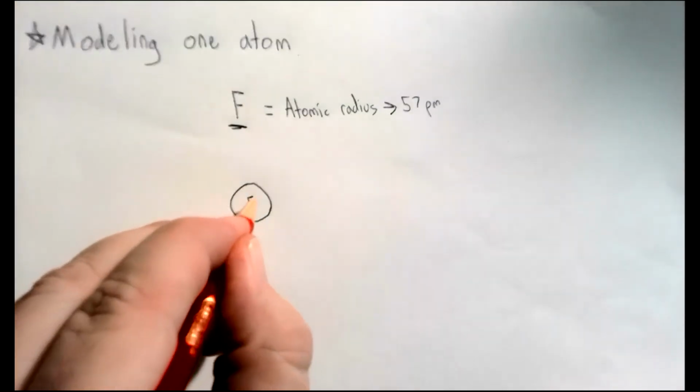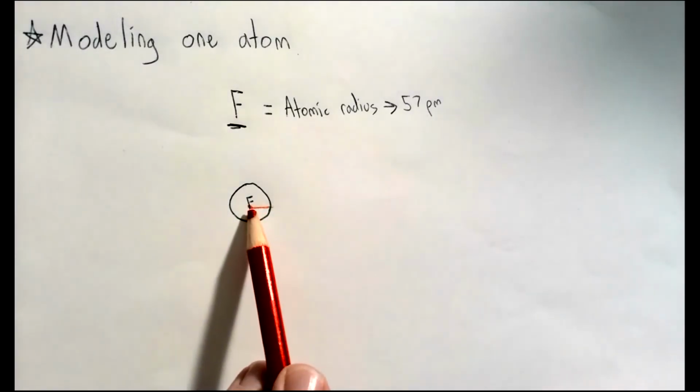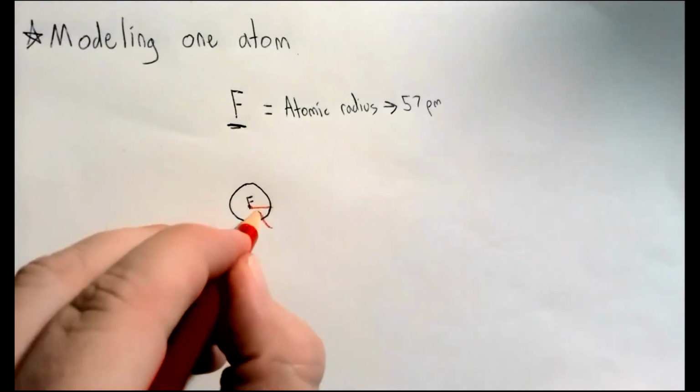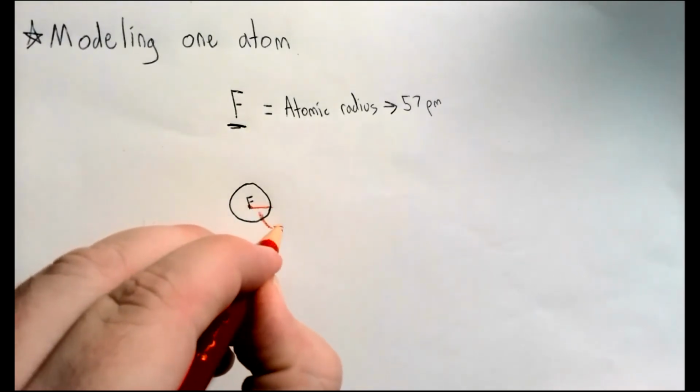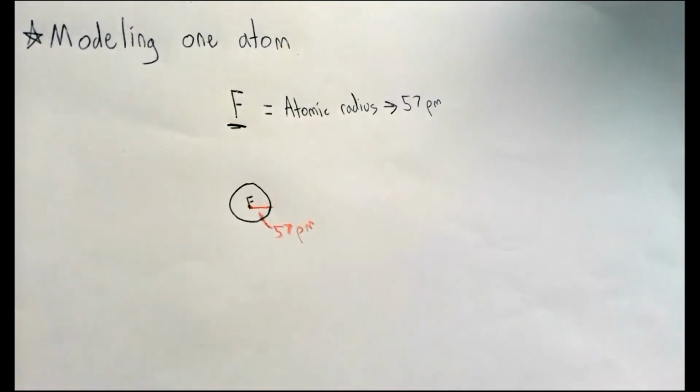But I'm going to do it just to differentiate, and I'm going to draw a radius. And honestly, that's probably not perfect. The center might be a little bit up, but then go like that. And I can say 57 picometers. And so that has now been labeled. That is a fluorine atom.